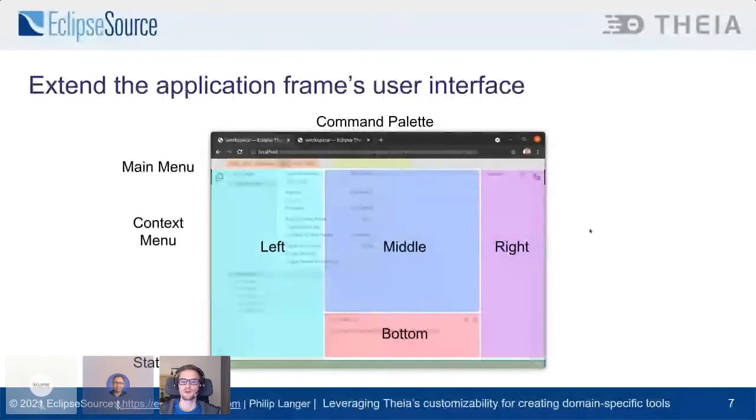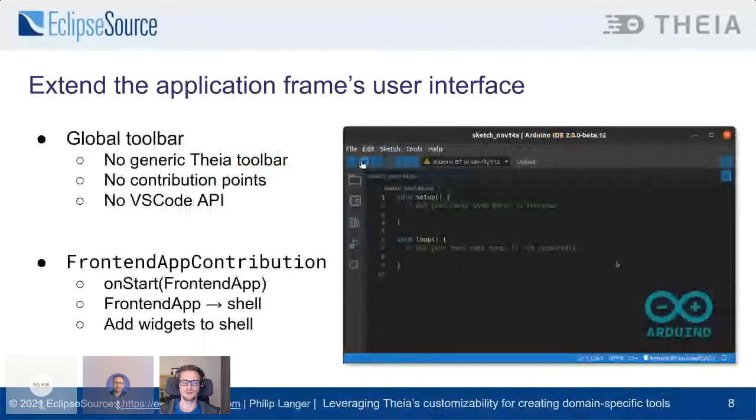But of course, for certain use cases, you might want to add even structurally additional user interface elements, and you can actually do that also. As an example of such an additional thing that you would like to add to the application frame, consider, for instance, a global toolbar. I do not want to start the discussion whether we should add a toolbar or not to Theia.